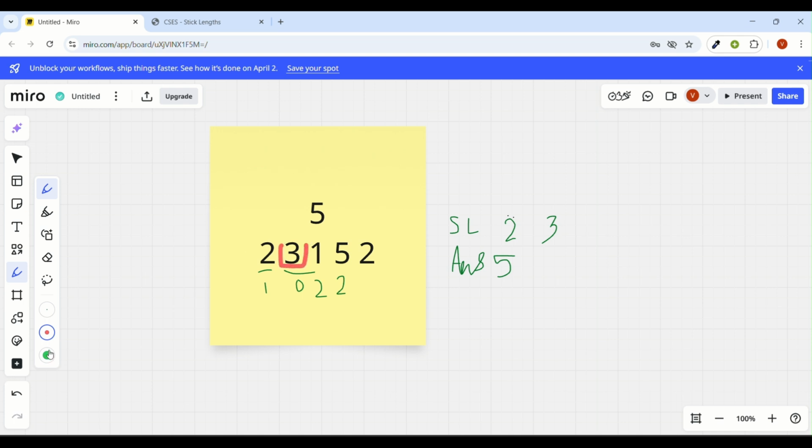Let me mark the selected one. This is our selected value. So we are incrementing it by 2, decrementing this one by 2 to make it 3 from 5, then incrementing this by 1. So our answer will be 6 in this case, which is not better than the previous one.